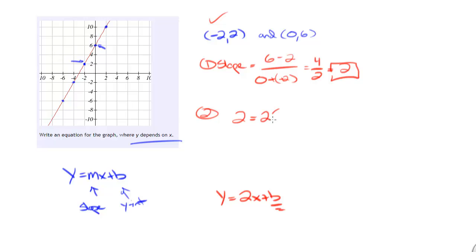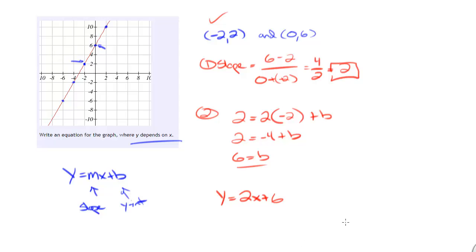My slope is 2 times my x value, which in this case is -2, and then plus b, and I'll get 2 equals -4 plus b. If I add 4 to both sides of this equation, what I get is that b equals 6. So my equation for this line is 2x, because the slope is 2, plus 6.